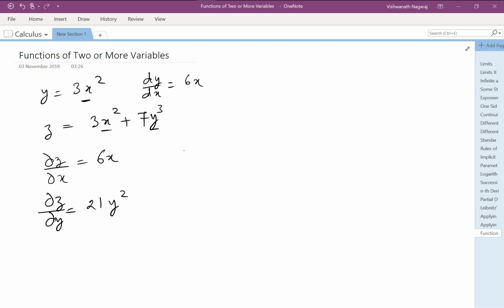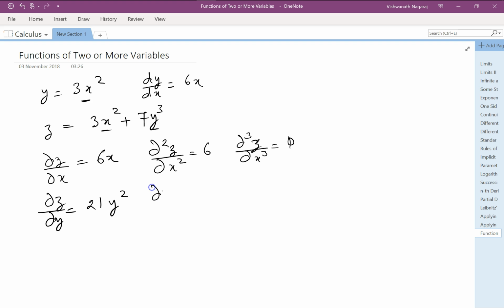Now, just like single variable functions, we can differentiate this again. Dou squared z by dou x squared becomes 6. Again, dou cubed z by dou x cubed is equal to 0.